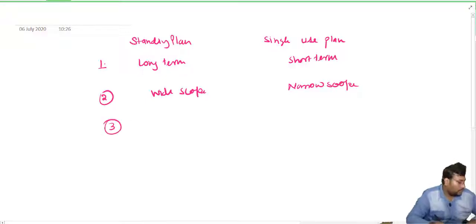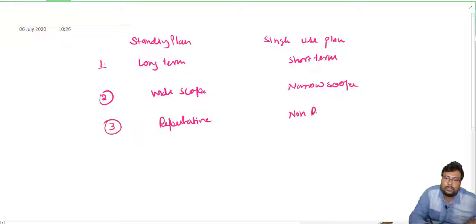And the third one, beta, is very simple: standing plans are on the basis of repetitive nature, and single use plans are generally non-repetitive, because they are for a particular task, for a particular function.